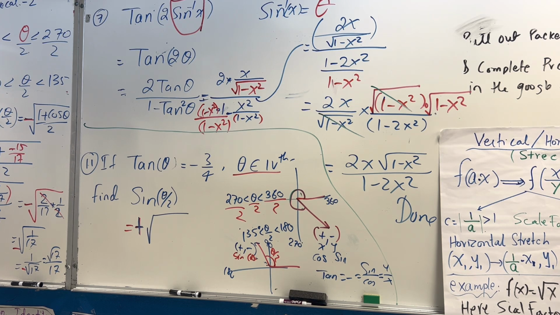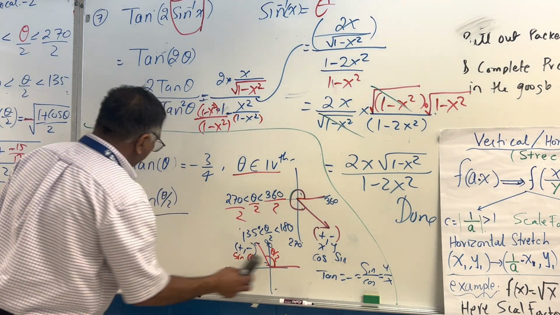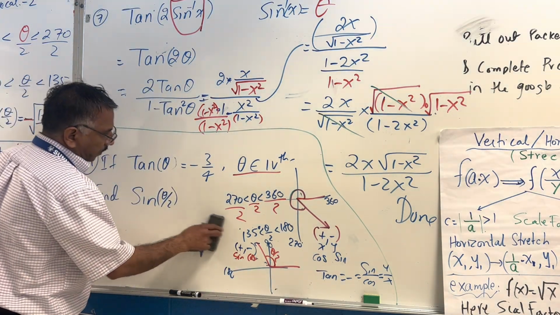Let me check, I think I messed up somewhere. Okay, so I think we can use sine theta by 2 as 1 minus cosine. Maybe we don't have to use this sine theta by 2.